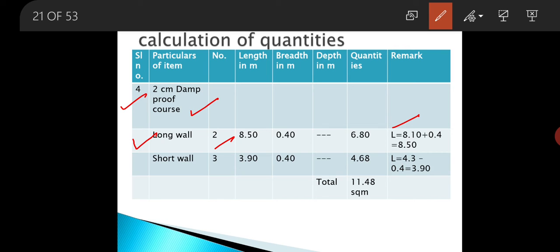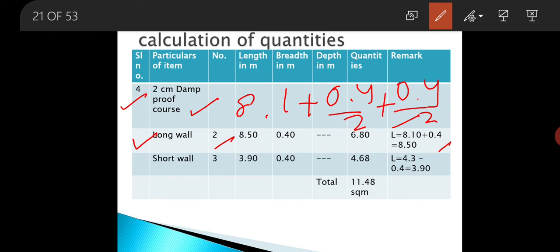With 8.1, we have added half of the width of the plinth on both sides, that means 1 width of the plinth. So the length becomes 8.5. Width is width of the plinth and it has no dimension in terms of depth. By multiplying all these 3 columns, we will get the total quantity along long wall as 6.80 square meter.